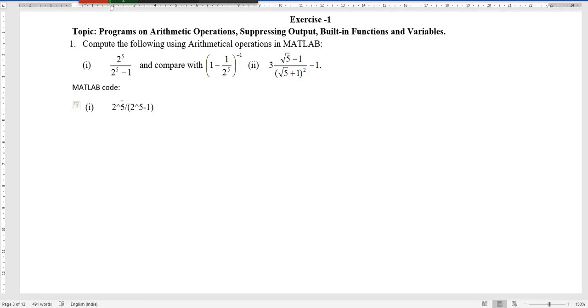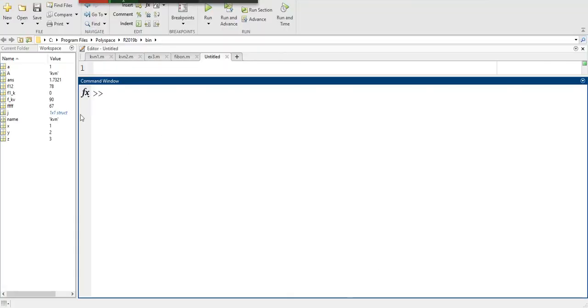Now what is the value? This is the Matlab command for evaluating the first value. Now I will copy this code into the software and evaluate the value.